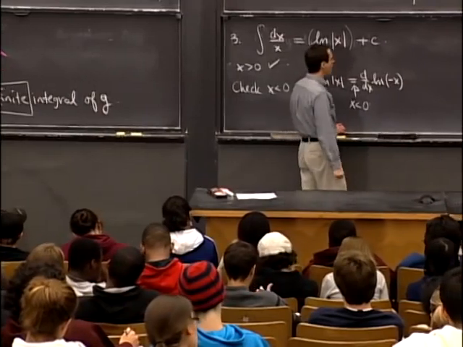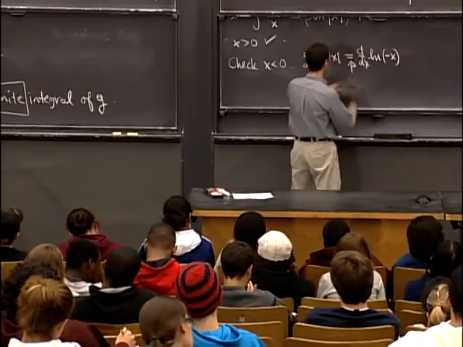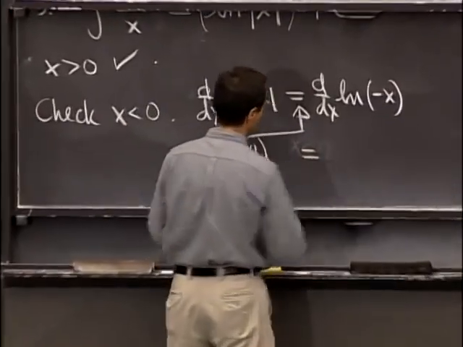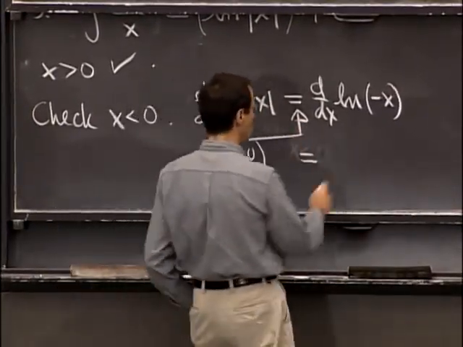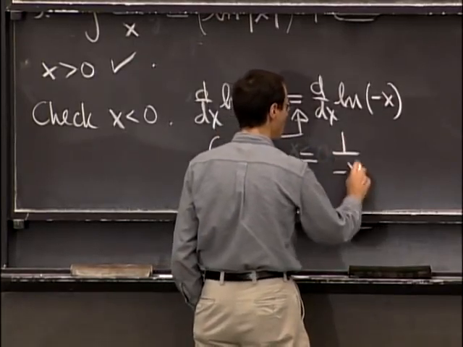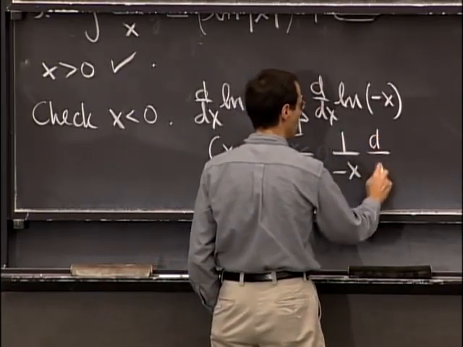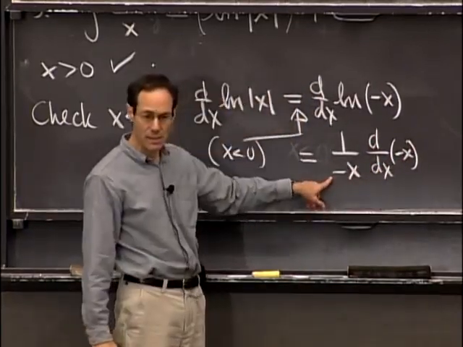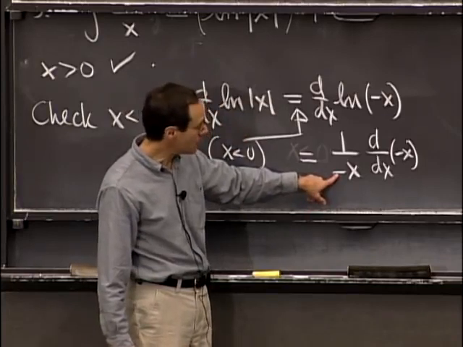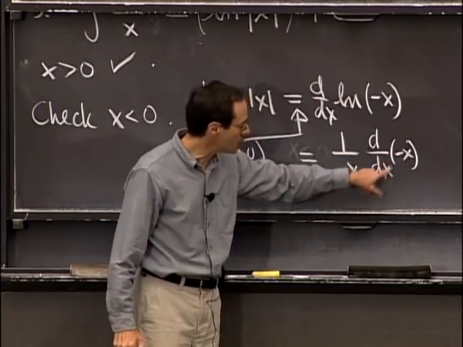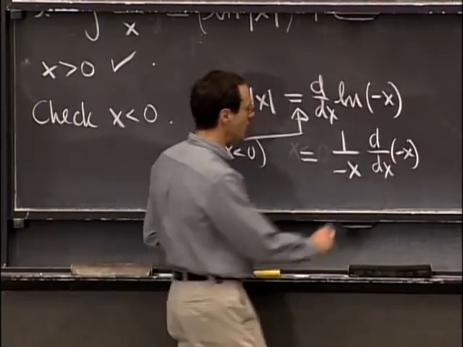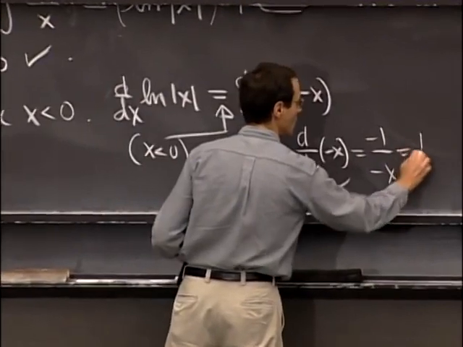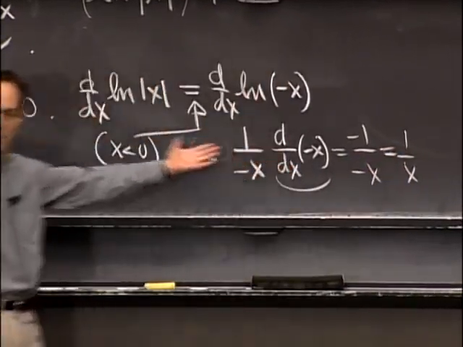And if you carry that out, well, it's the chain rule. It's 1 over negative x times the derivative with respect to x of negative x. So see that there are two minus signs. There's a minus x in the denominator, and then there's the derivative of minus x in the numerator. That's just -1, so this is -1 over negative x, which is 1 over x. So the negative signs cancel.